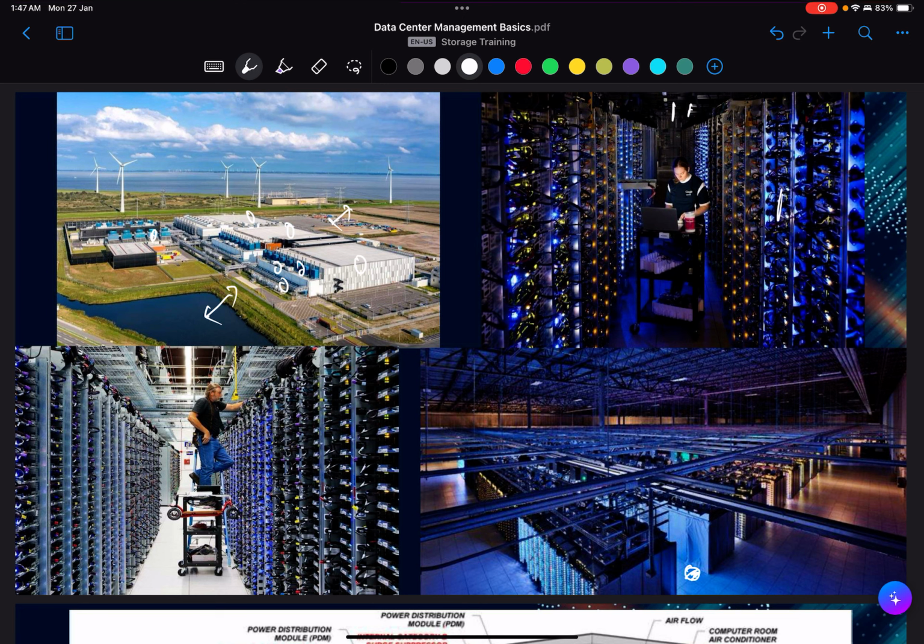Whenever you are in a data center, the security will be very high. Whether you talk about physical security, there should be different levels: gate level, building level, and under that the server room and other areas. And then you have other securities as well.